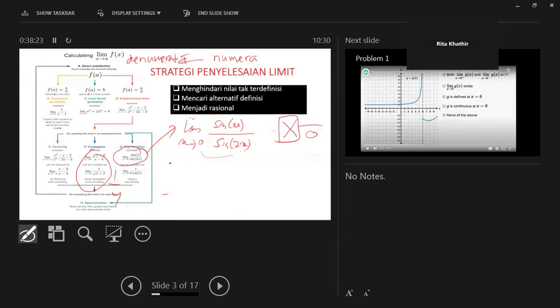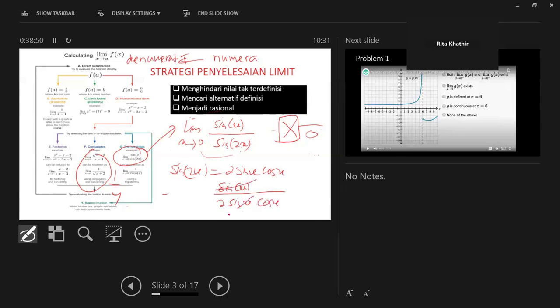So, what can we use, do you remember? What is sinus 2x? Yes, 2 sinus x cosine x. So just make it sinus of x over 2 sinus x cosine x.